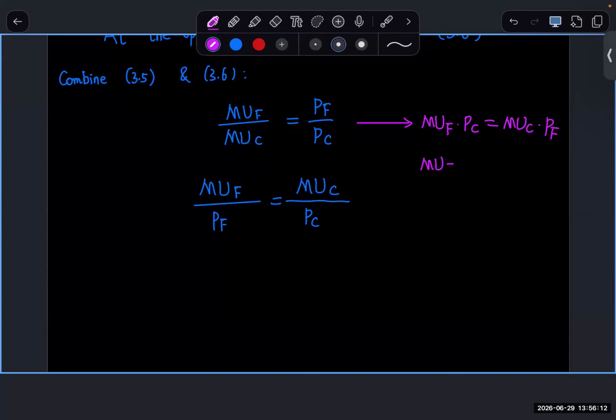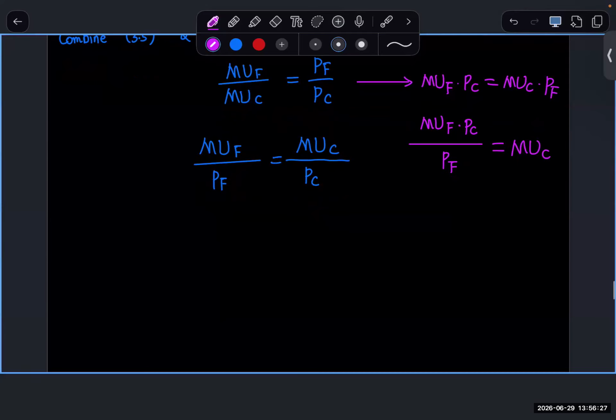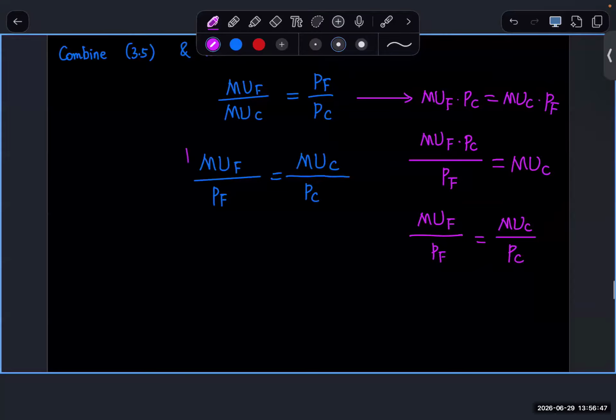So MUF times PC over PF, and for the right side, it's gonna be MUC alone, right? And then we divide both sides by PC. So we get MUF over PF, because PC canceled out, equals MUC over PC, okay? This is how we get it.